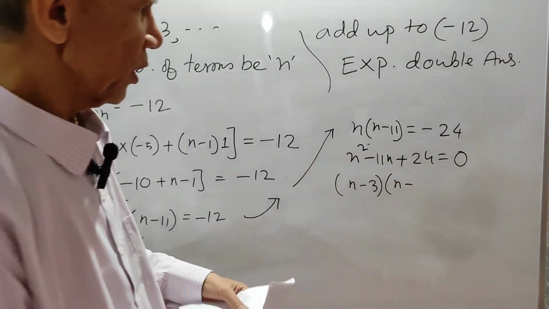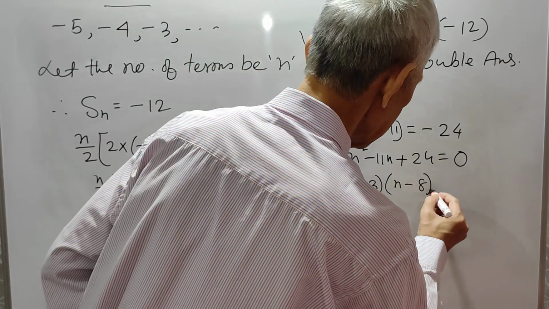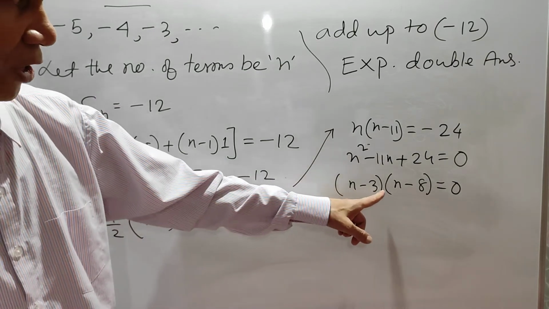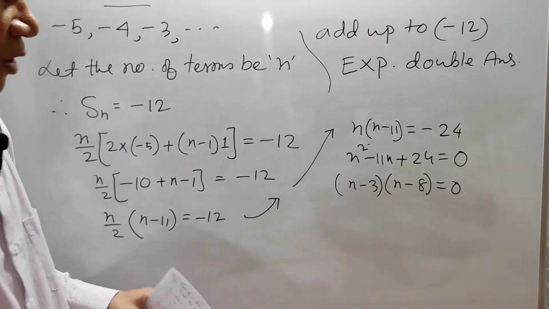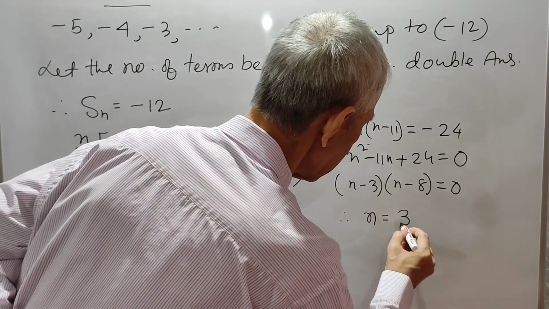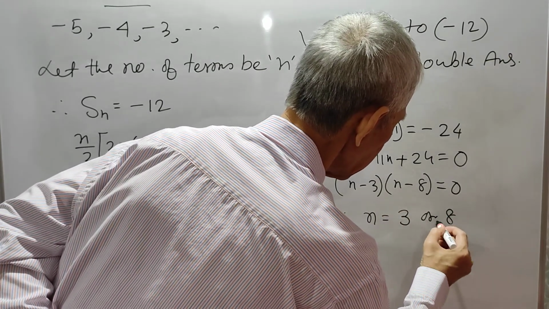You will get n minus 3 and n minus 8 equal to 0. So we got two factors, n minus 3 and n minus 8. So therefore, n equal to what? 3 or 8. See, we are getting two values.